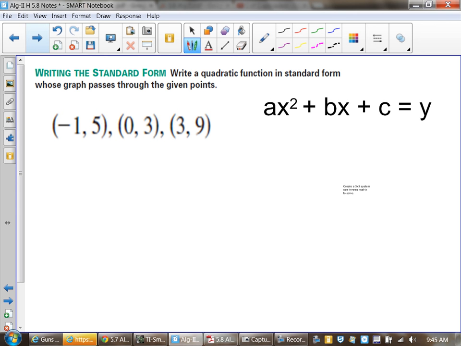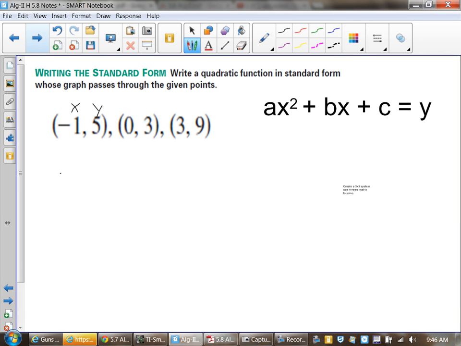But you have to come up with the actual sets of ordered pairs to make it work. Okay? So as you start these things out, you are going to use -1 and 5, 0 and 3, 3 and 9 to create 3 separate equations. If you look at this, this is an x and a y. Do you agree? So if I substitute in for x and y in standard form with this set of ordered pairs, it would look like this.